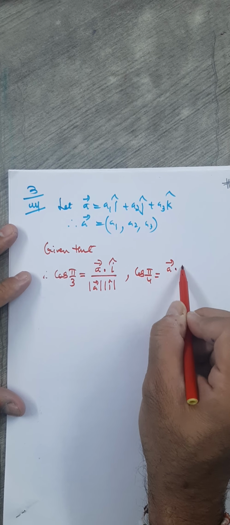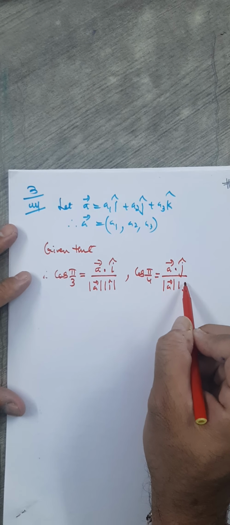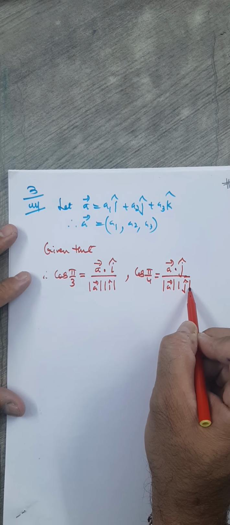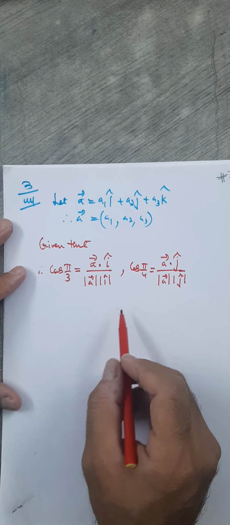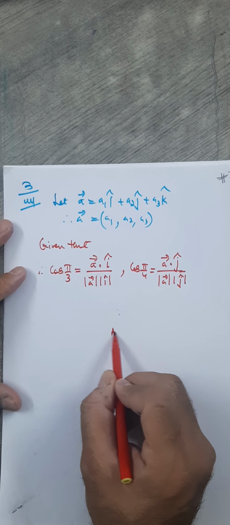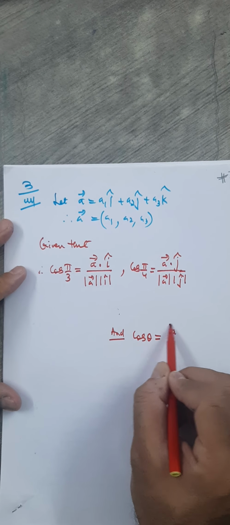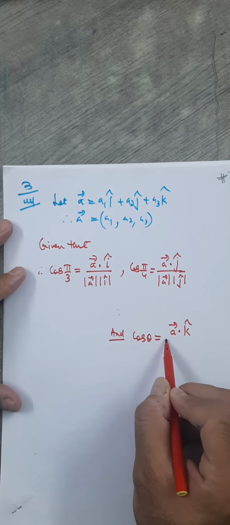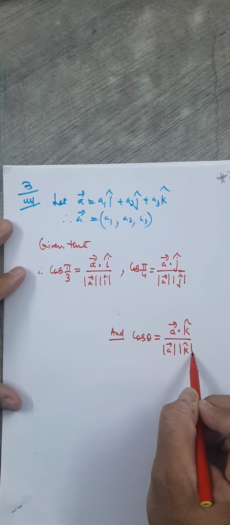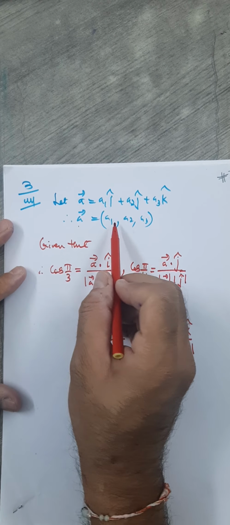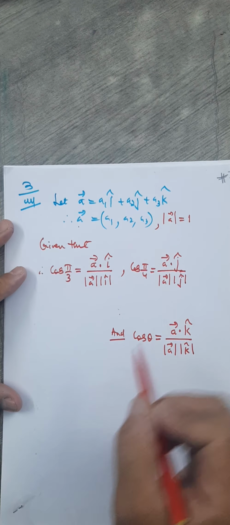Here vector A dot j cap upon their magnitude. Fine. And one more, cosine theta with k cap, so vector A dot k cap upon the magnitude. Fine. Now you are given that this should be a unit vector, so obviously this magnitude should be 1, remember.